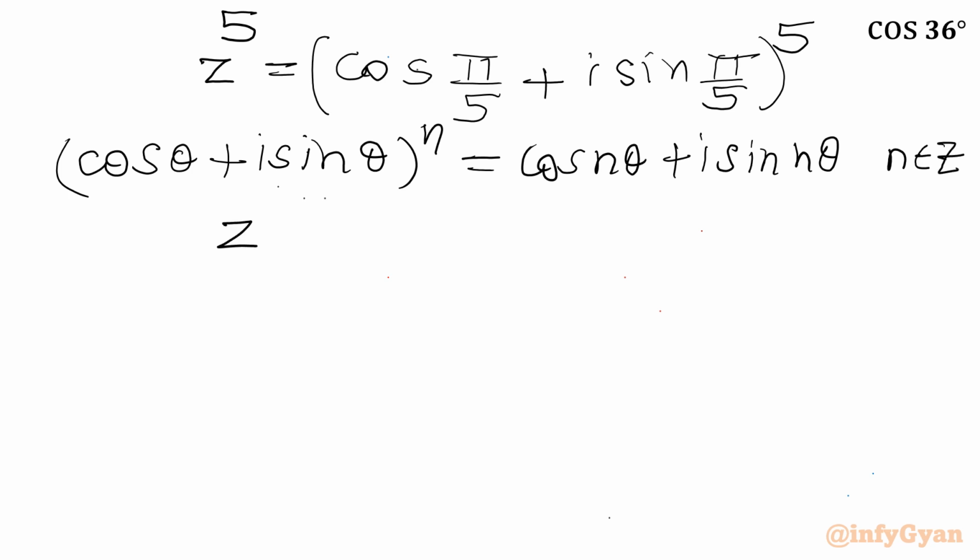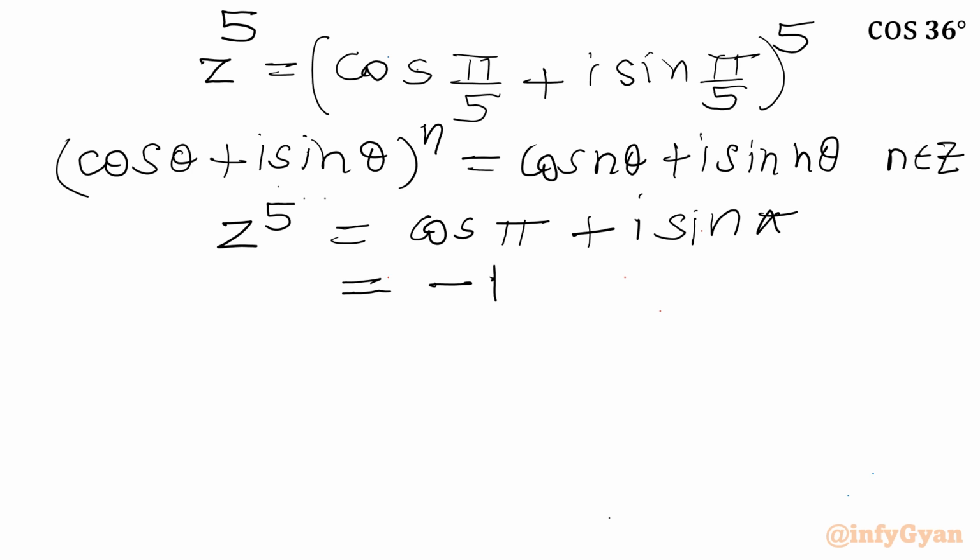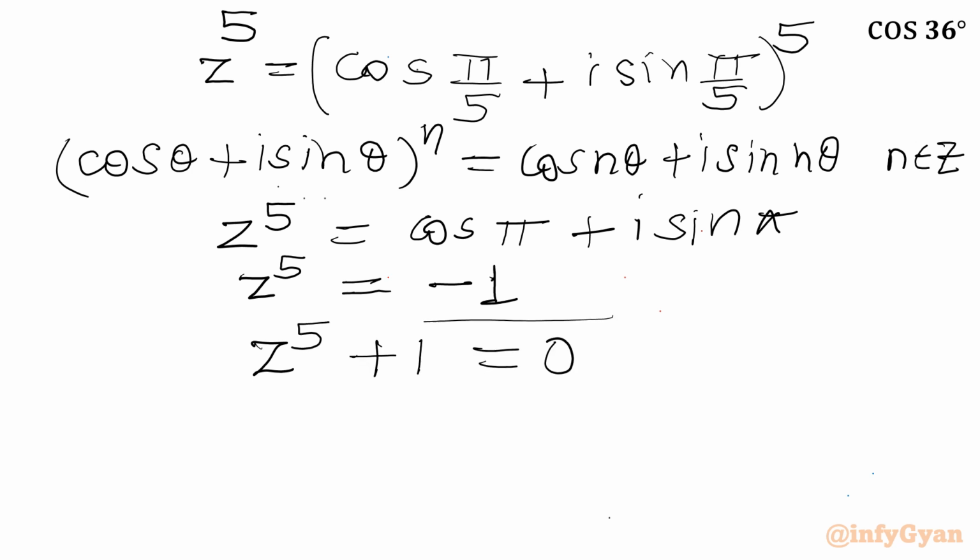So I can write z power 5 will be equal to cos pi plus i sin pi. Now cos pi is negative 1, sin pi is 0. So z power 5 will be negative 1, or we can write z power 5 plus 1 equal to 0.